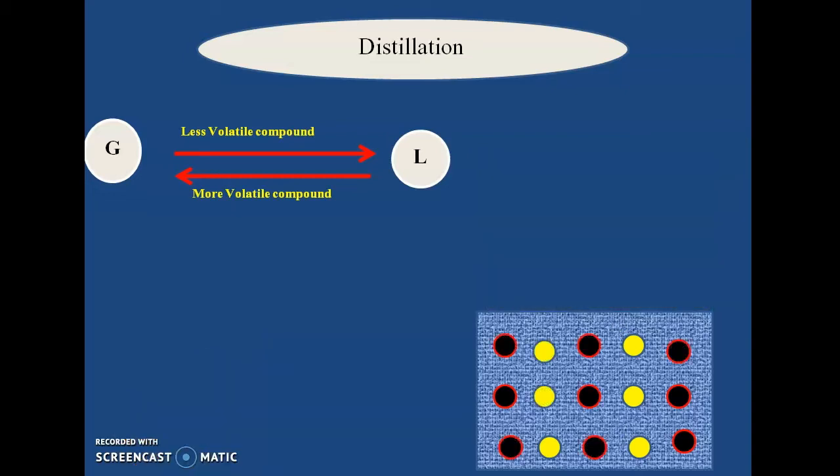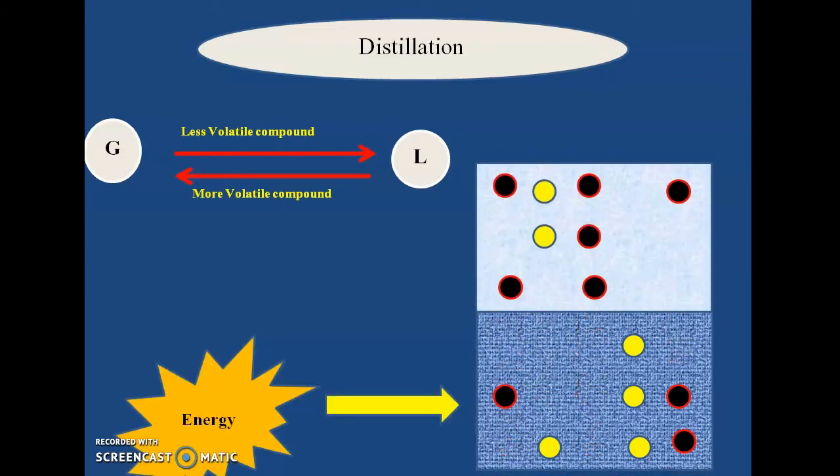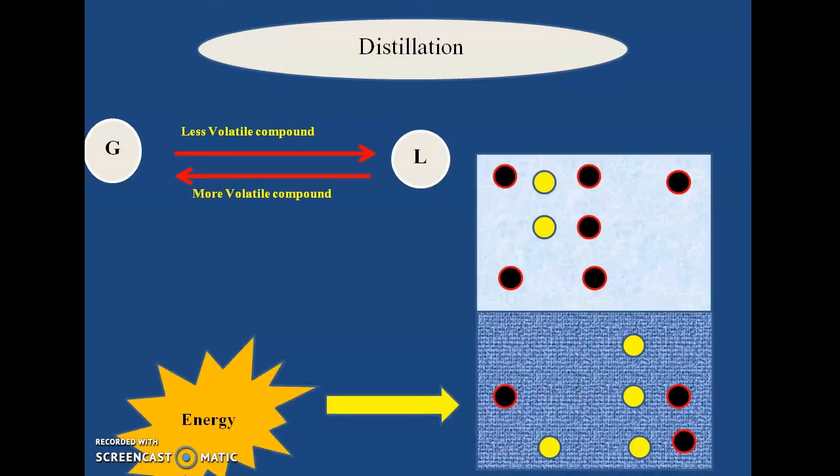That's why the phase generated from the liquid phase contains more volatile component in greater portion, whereas the liquid left behind after vaporization contains less volatile component in greater portion. Here the black particles denote the more volatile component and the yellow particles denote the less volatile component.